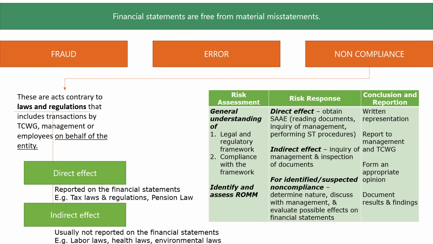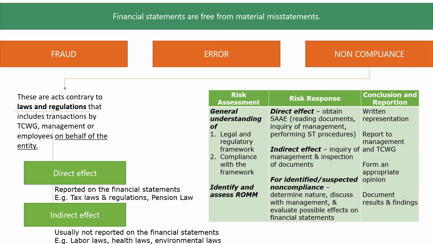Now in cases where there is identified or suspected non-compliance, the auditor must determine the nature of these instances, discuss this with management, and evaluate the possible effects on the financial statements. Now, when the non-compliance happens with the blessing of management, the auditor must also re-evaluate the integrity of management.